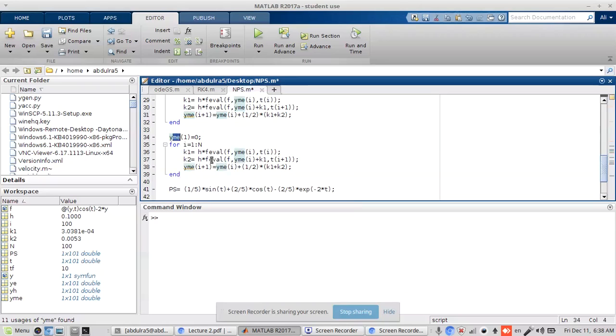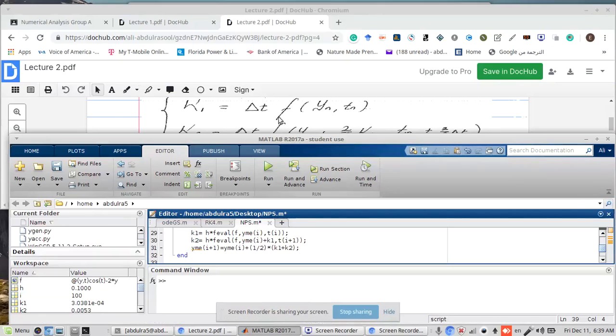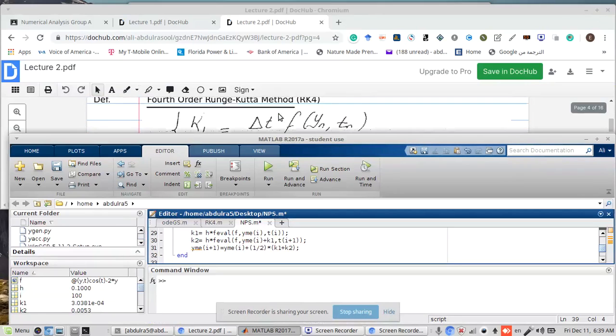So I will make this Runge-Kutta, RK. So K1 for Runge-Kutta. Where is Runge-Kutta? K1 is similar.